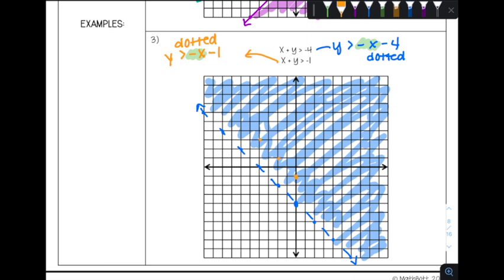So we have parallel lines, but these seem to go the same direction in shading because it's also greater than. So for this set of parallel lines, we actually do have overlap and we do have a solution set. It's going to be right here in this area.